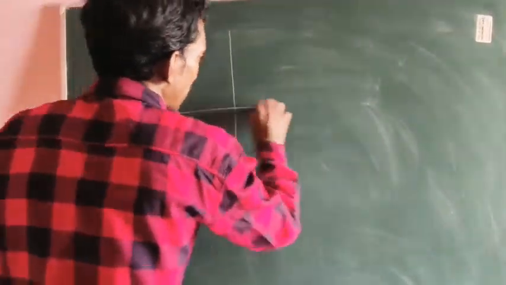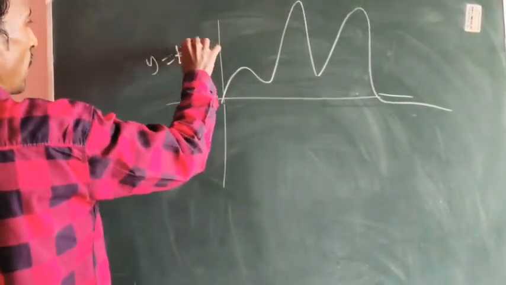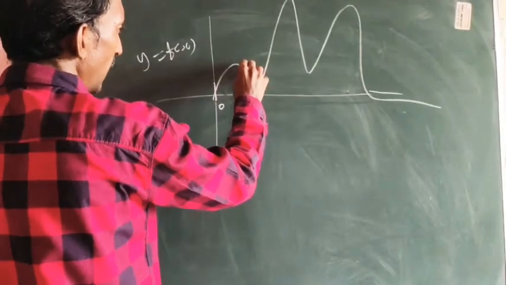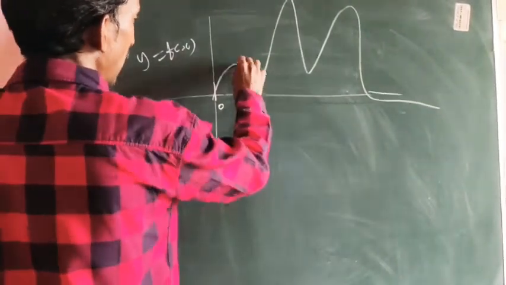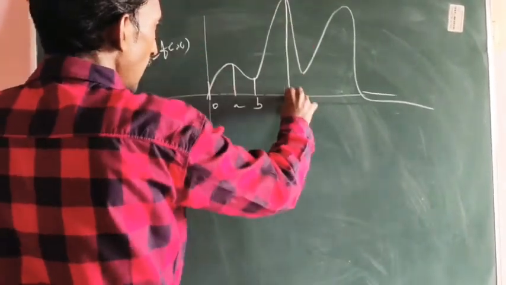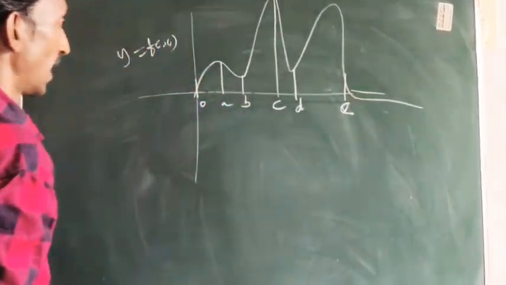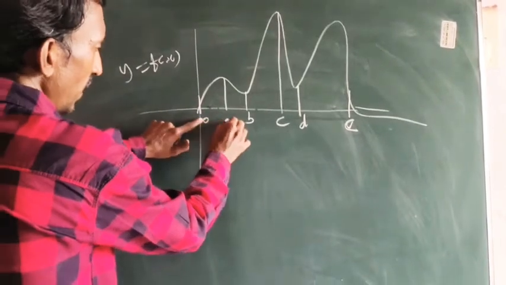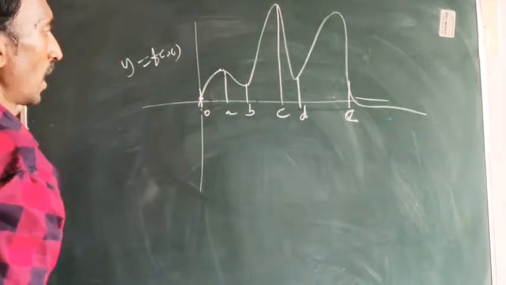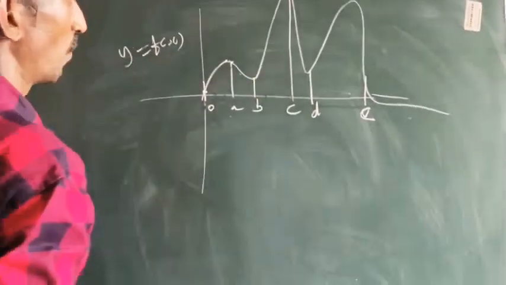So look at this, for example, the graph of the given function y equal to f of x. Take this starting point as 0, and this is some a, and this is some b, and consider this as c and d. We can divide it into some sub intervals. Between a and b there is a maximum value and there is a minimum value.